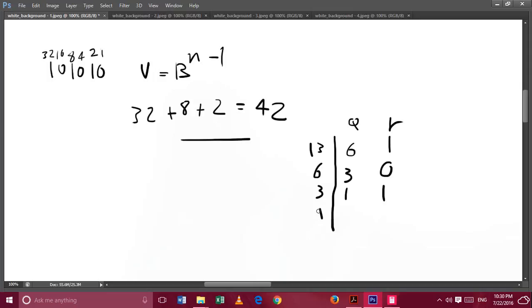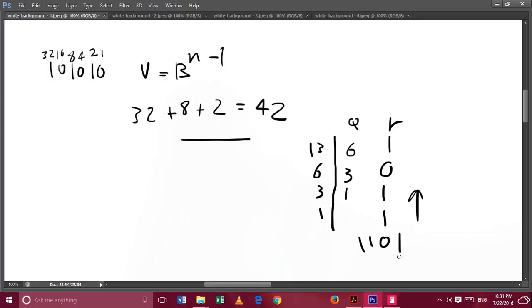Now this is the case where the quotient is less than 2. We pass it as a remainder, and then the number will be all the remainders from the bottom up. So 1, 1, 0, 1.